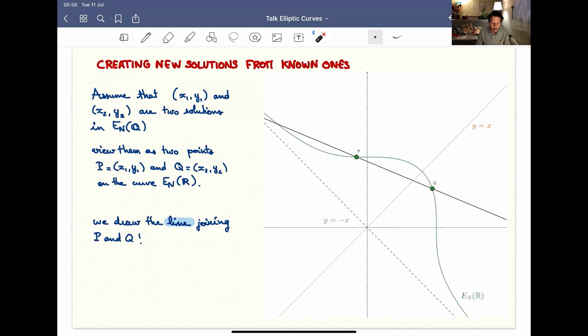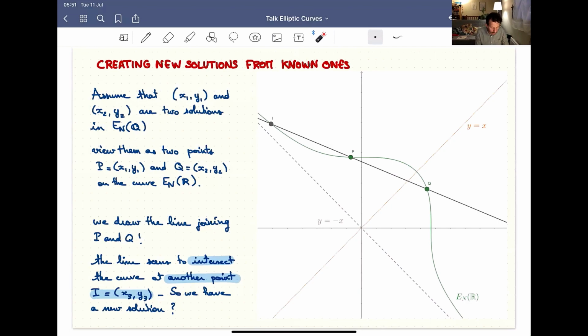And the interesting remark about this is that it seems that this line, the gray line here, intersects the green curve at P, of course, at Q, of course, but also there seems to be a third intersection point here. This is what the next slide is about: this gray line intersects the curve in a third point, I. Now this point I has coordinates x3, y3, say, and the point I is on the green curve.